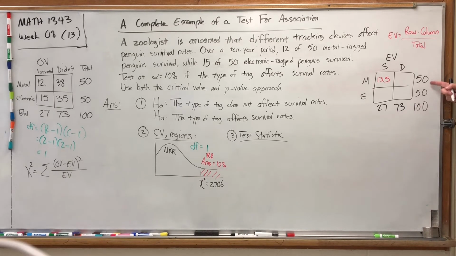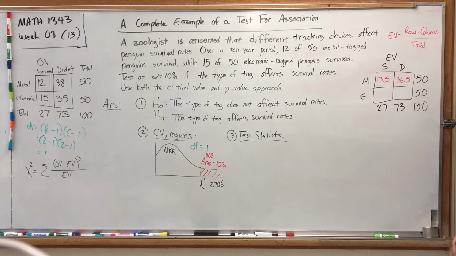I said 50 divided by 100, which is a half, times 27, which is half of 27, is 13.5. For the next cell, it would be 50 times 73 divided by 100, but let's do 50 divided by 100, which is a half, times 73. Half of 73 is 36.5, exactly.